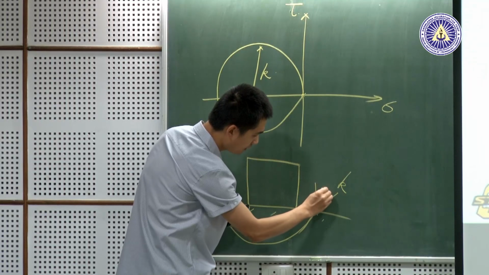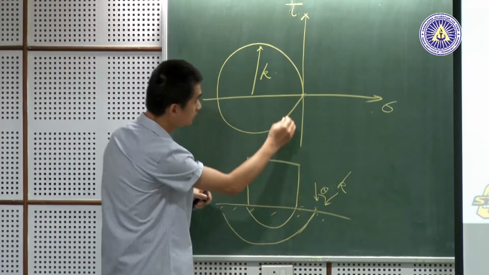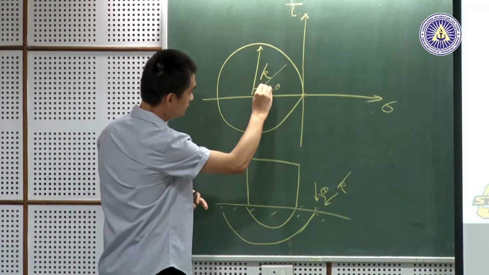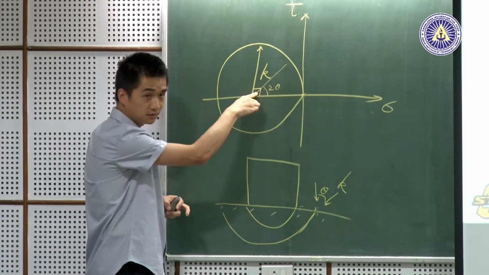When it has a certain angle theta, it moves by 2 theta, twice of that. So from this Mohr circle, at 90 degrees the shear stress reaches the maximum, which is k here.